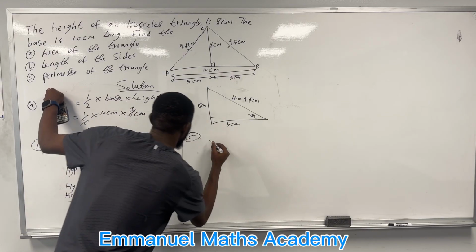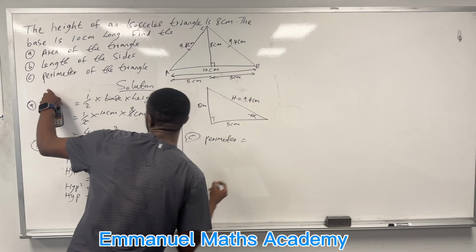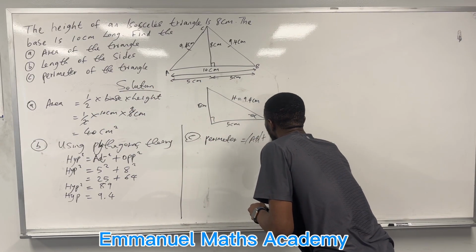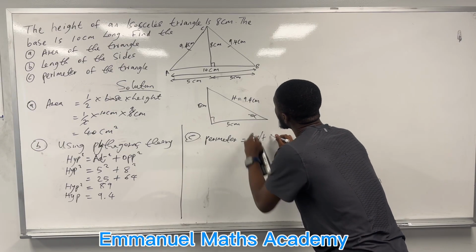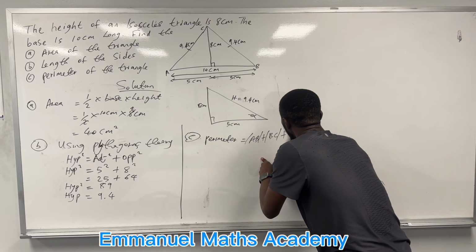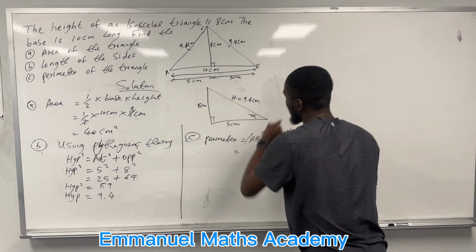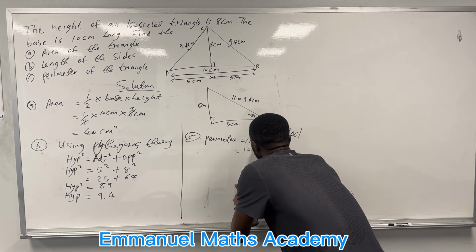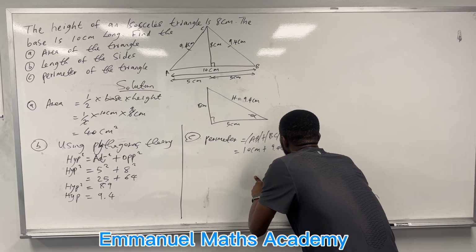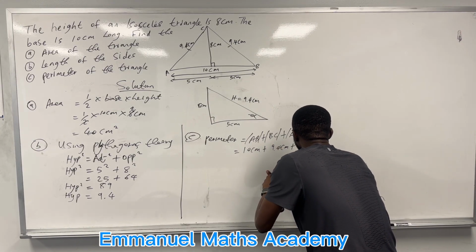So C, perimeter, is equal to AB plus BC plus AC. So what's our AB? AB is 10 cm. 10 cm plus BC 9.4 cm plus AC same 9.4 cm.